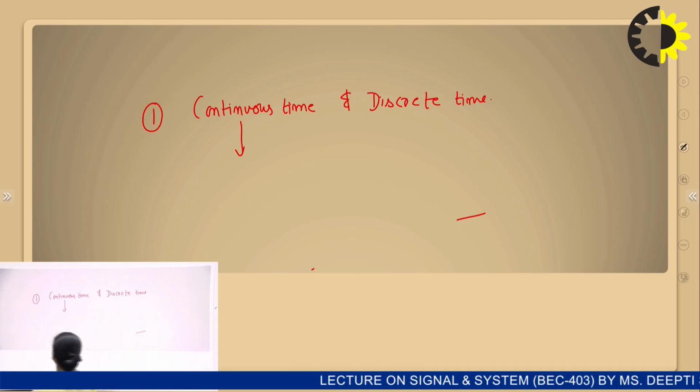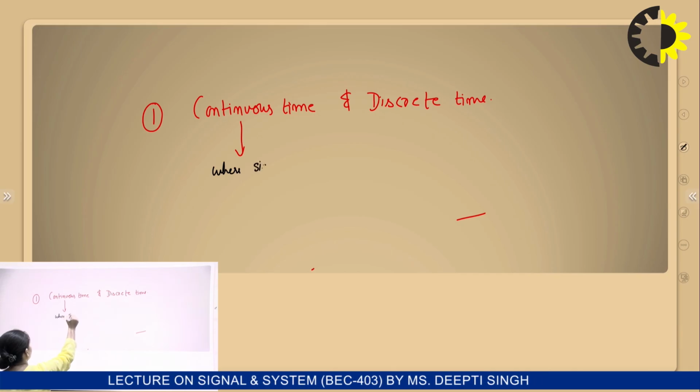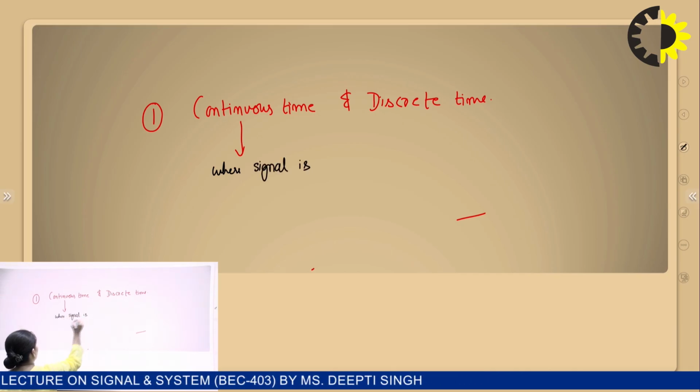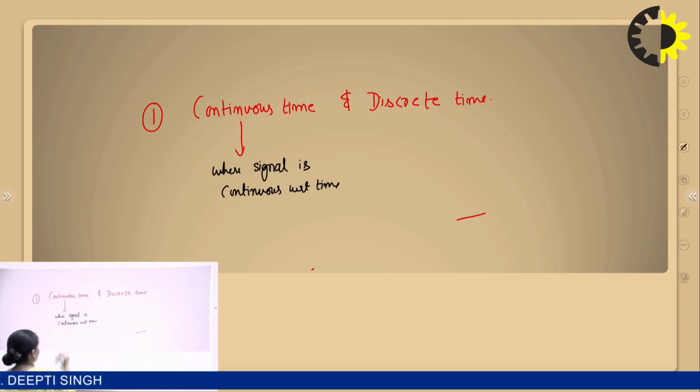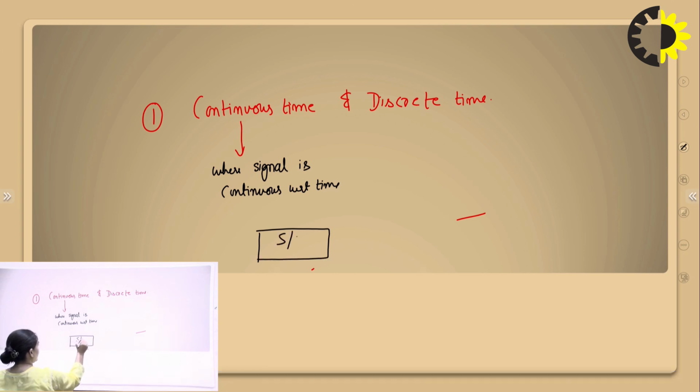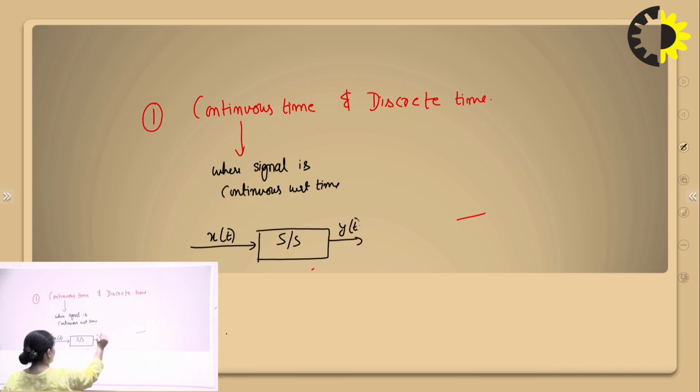Continuous time systems are those systems where a signal is continuous with respect to time. For example, if we have a system, then x(t), the input, and y(t), the output, are both continuous in nature.